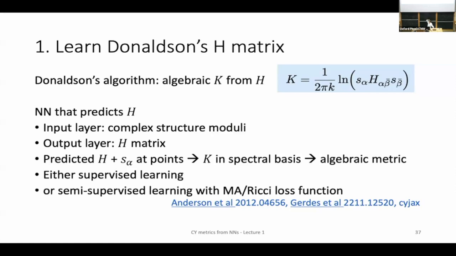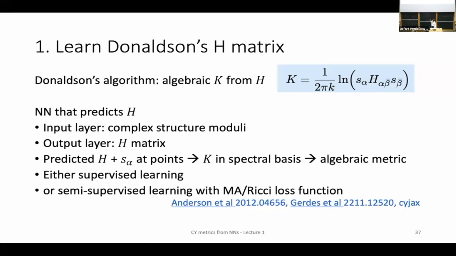First, you can train this network at different points for the complex structure moduli. And as James mentioned, one of the problems with Donaldson's method is that you have to do this at fixed points in moduli space. Here you train your network at different points in moduli space, and you can then get a moduli-dependent matrix H, which is certainly a big advantage.